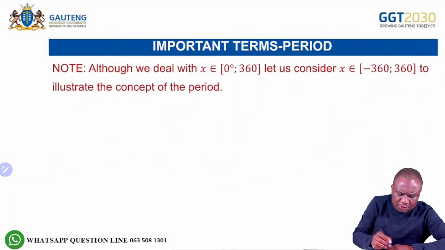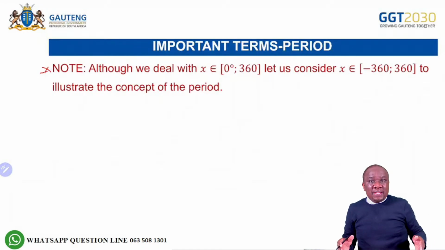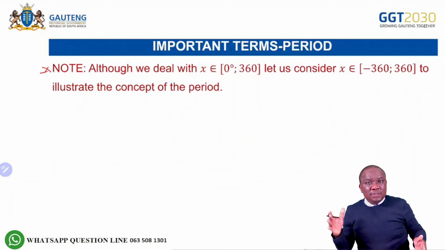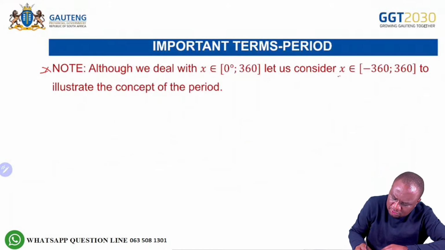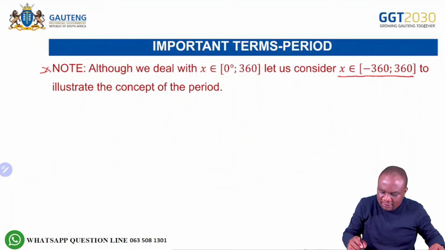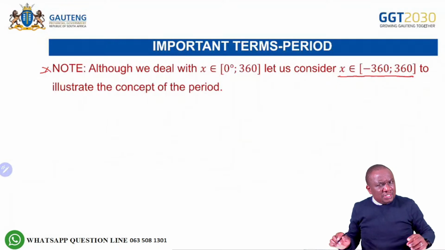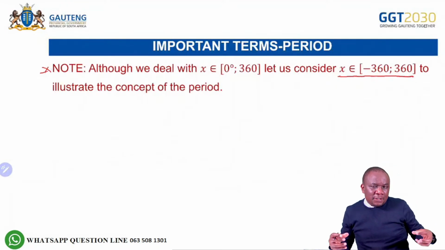Right, I said we are doing the domain from 0 to 360 degrees. But now, just for you to be able to recognize this concept of period, I'm going to extend the domain from negative 360 to 360 so that you can see when the graph repeats itself.